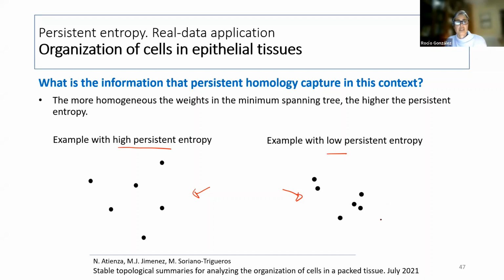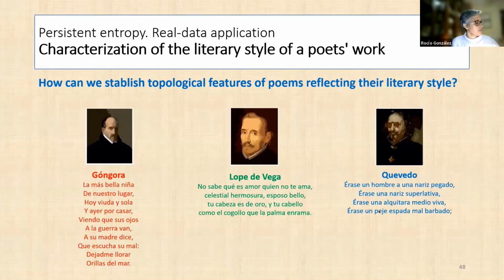And the last application is related with philology. So in this experiment, we consider 3 different poets from the Spanish Golden Age: Góngora, Lope de Vega, and Quevedo.